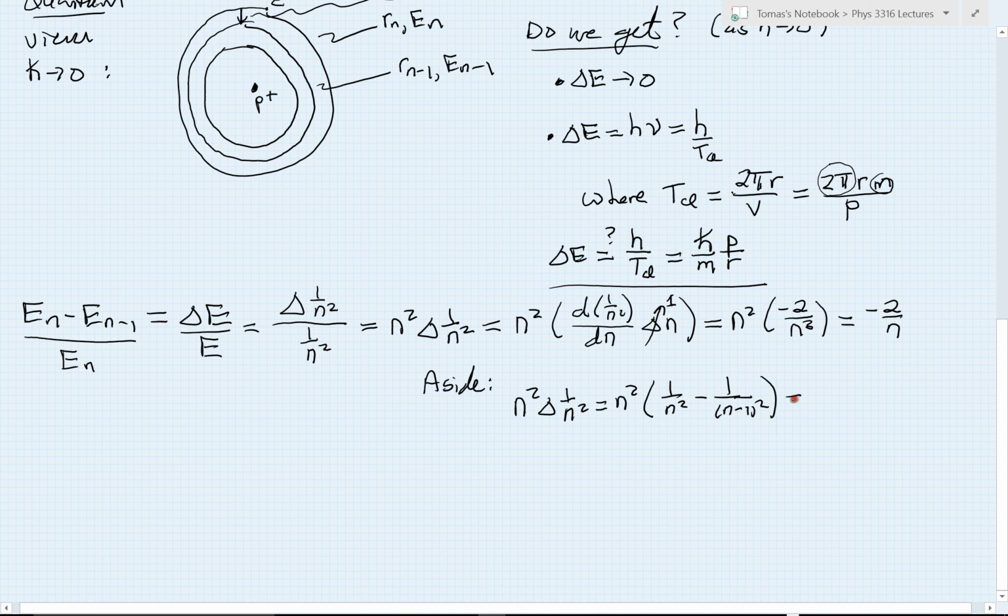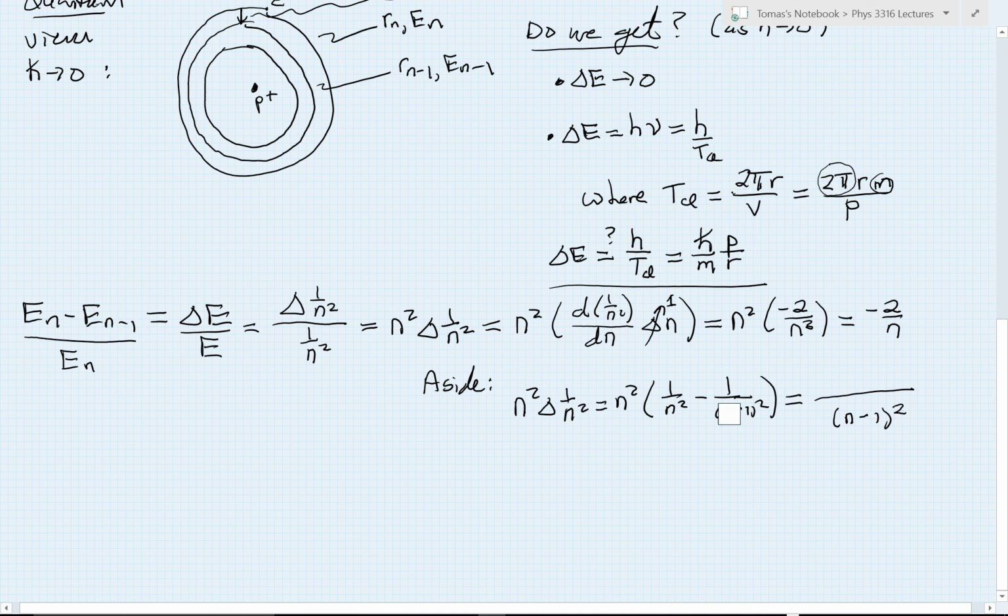And I won't lead you through all of the algebra, but if you do it quickly in your head, you will realize I'm going to put these onto a common denominator, but then the n squared here in the numerator will cancel the n squared in the common denominator, and I'll be left with (n minus 1) squared in my denominator.